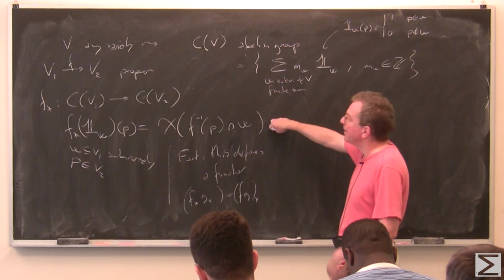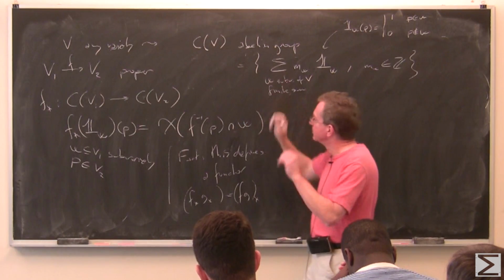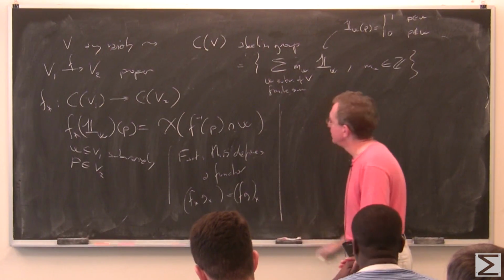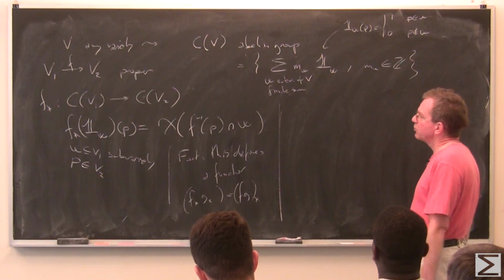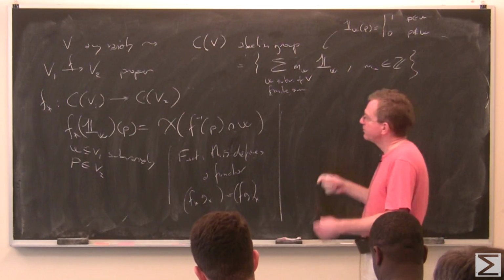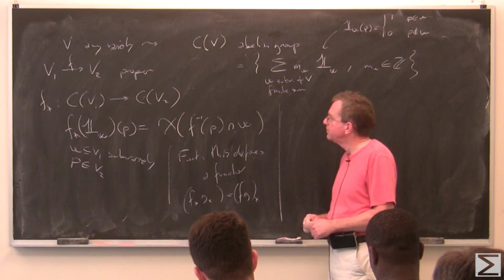Another fact, of course, is that this defines a constructible function. What I'm telling you is correct. I'm not saying that this is necessarily totally straightforward, but it can be worked out.